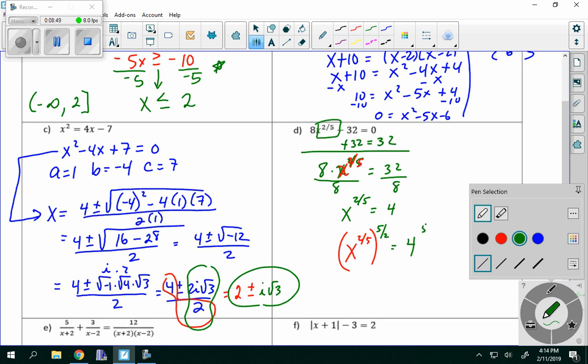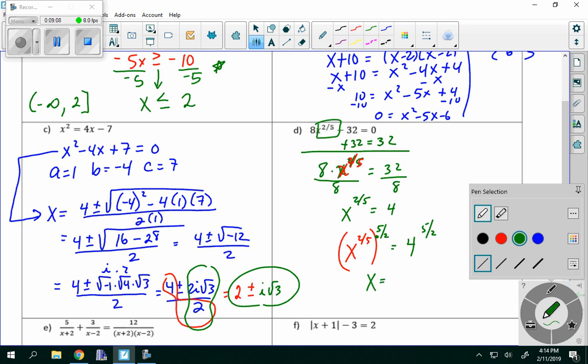And whatever you do to one side, you must do to the other. So in this case, we use 5/2 because it's the reciprocal of 2/5. And when you multiply any number times its reciprocal, you get 1 for a power. So that way, we get x to the 1st power.